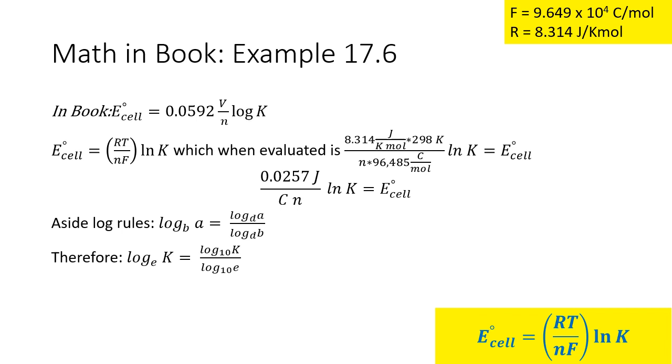Log base 10 of E is an actual number, so we're going to plug that in. And what you get is 0.0592 volts per N log of K, which is what they have in the book.